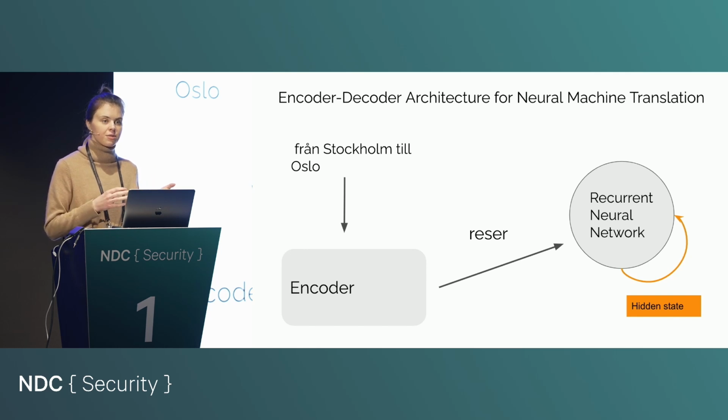Then we take the second token, and we pass it into the encoder, and the recurrent neural network accepts the new word and also the hidden state from the previous step, and that's how it remembers that the word travel usually comes after the word I. In a very simple nutshell, that is how it builds an understanding, if you will, of what words usually follow each other in a sentence.